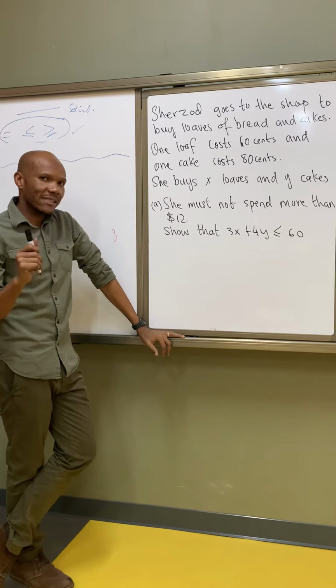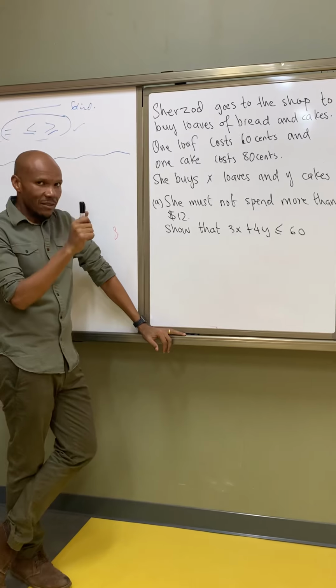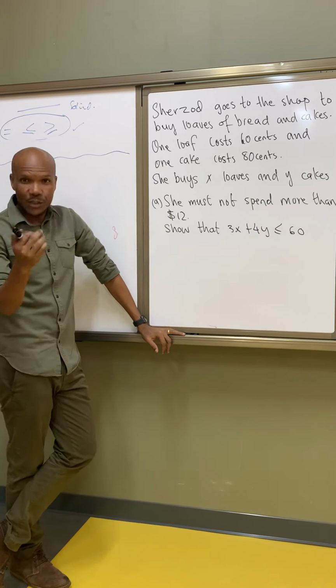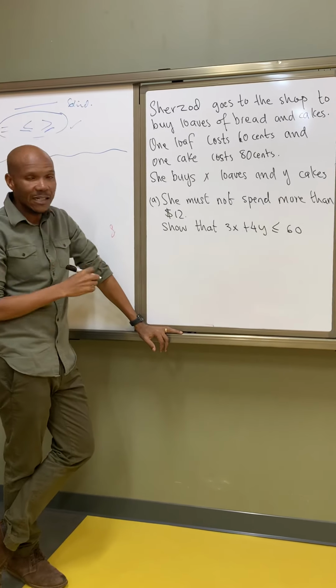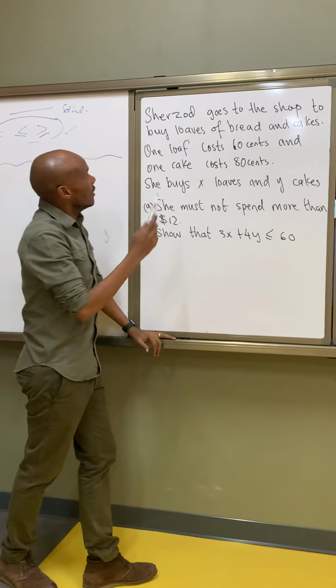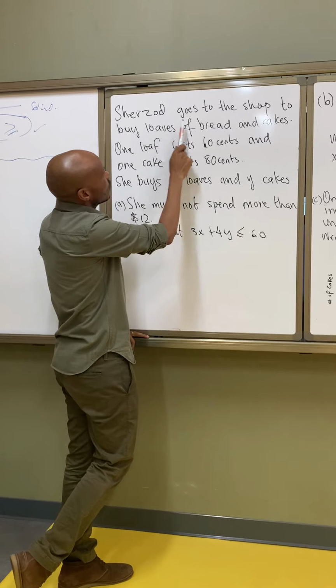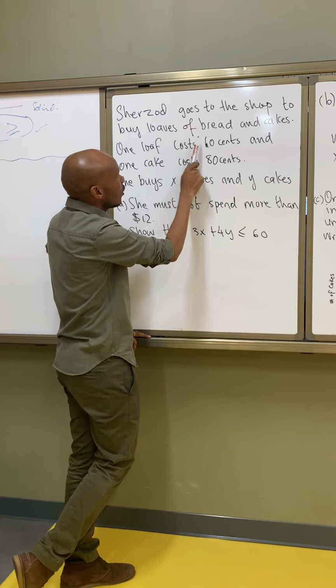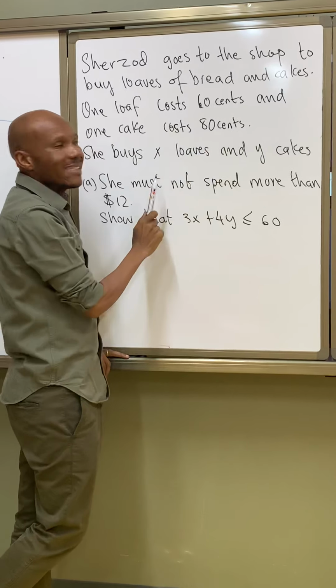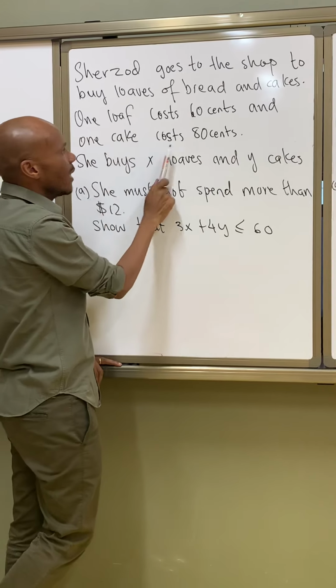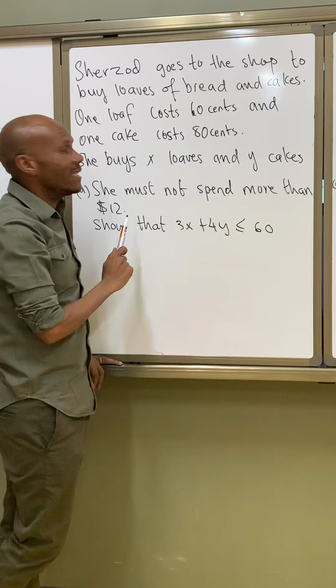I'm going to do the next question, the second question to what I've already given you on linear inequalities. The question goes like: Sherzod goes to the shop to buy loaves of bread and cakes. One loaf costs 60 cents and one cake costs 80 cents.